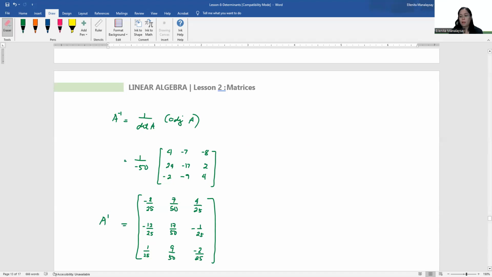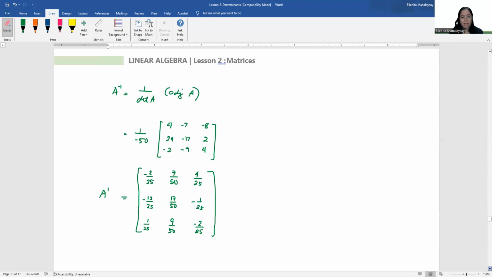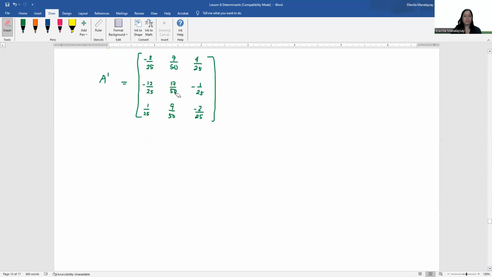Okay? So paano natin mabe-verify if this is correct? If we multiply this by matrix A, the product should be an identity matrix. So try naman natin to check this one. A times A inverse is equal to, ano ang A natin? 1, negative 2, 3, 2, 0, 4, 5, negative 1, negative 2.